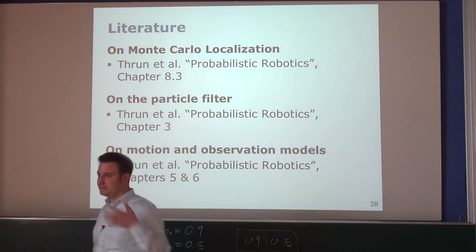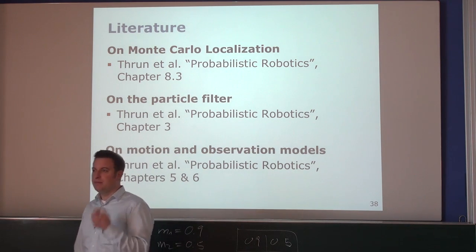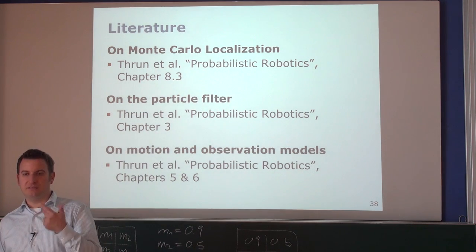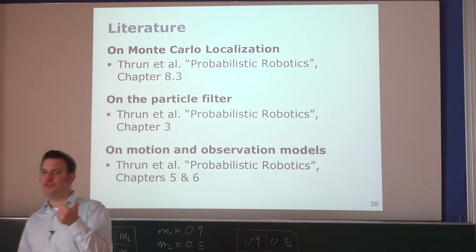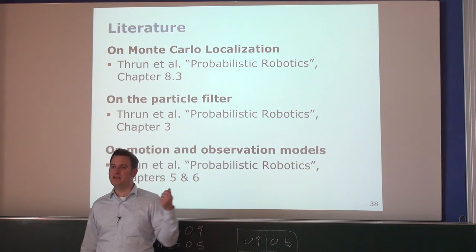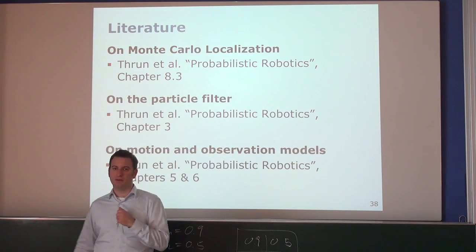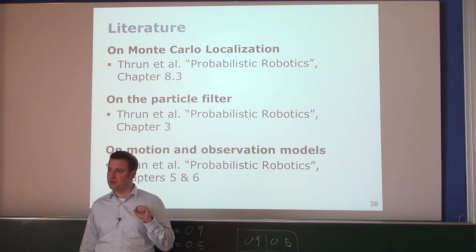I know that was kind of a quick and not too detailed introduction to the particle filter, but I think it highlights the key most important things. First thing, we need a proposal distribution, which is used to generate the next generation of samples. And it uses typically the motion model. There are other choices. I can set those choices as I want as a designer, but the motion model is a common choice.